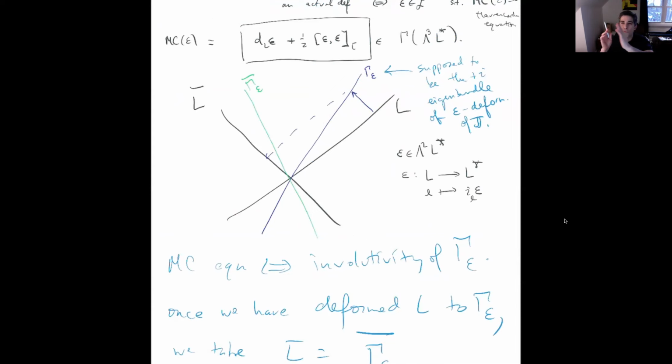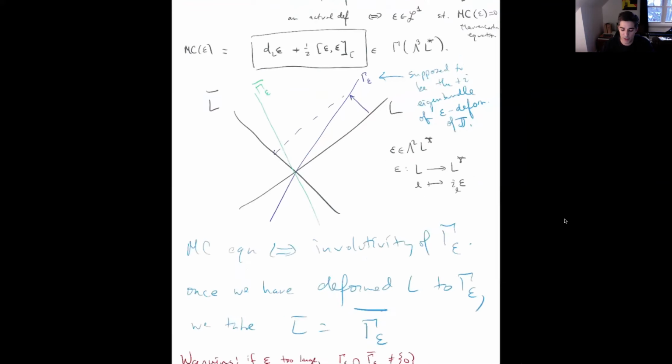What that means is that you've deformed it as a Dirac structure, but not as a generalized complex structure. So you have to remain in a small open set around L in order to have this algebraic description of the deformation space.